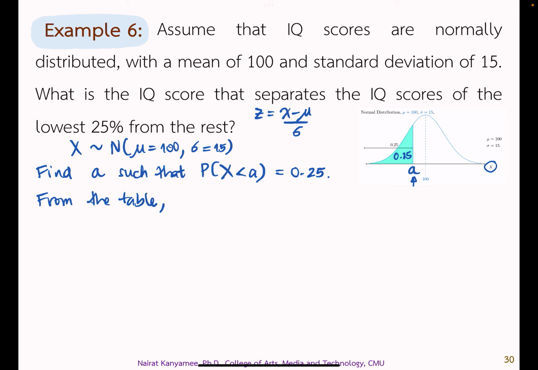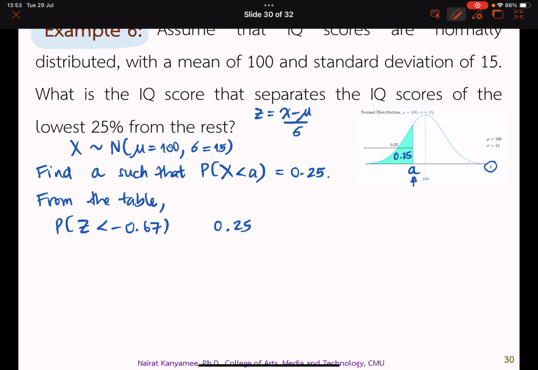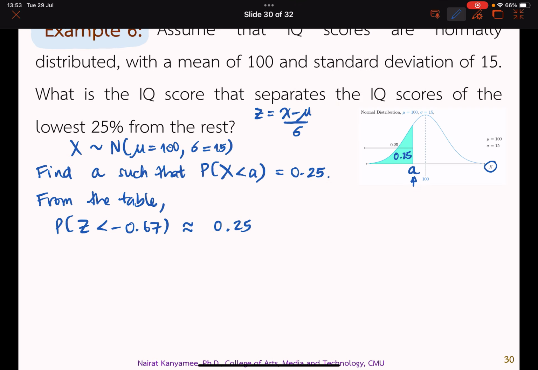We know that P of z less than minus 0.67 is approximately equal to the area, which is closer to 0.25. So we approximate it, and we use the value of minus 0.67, which is closer to 0.25 than the other value.